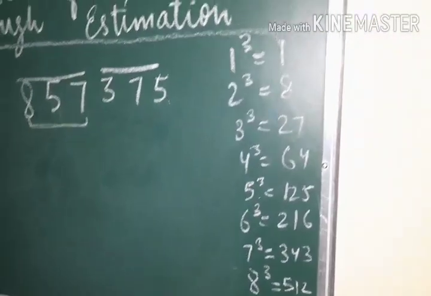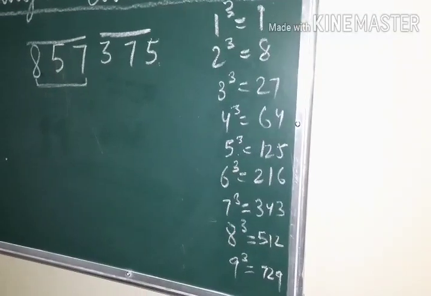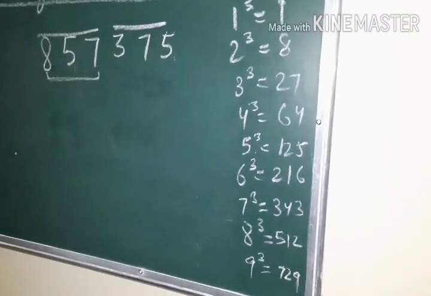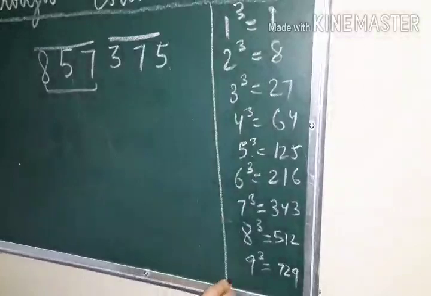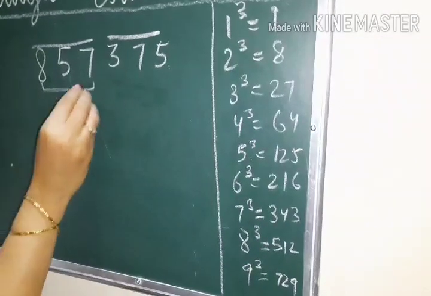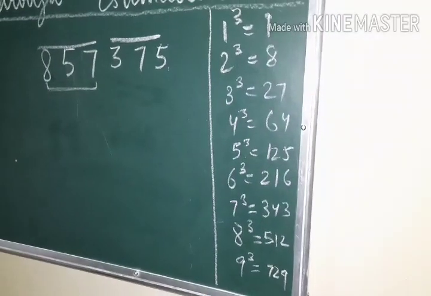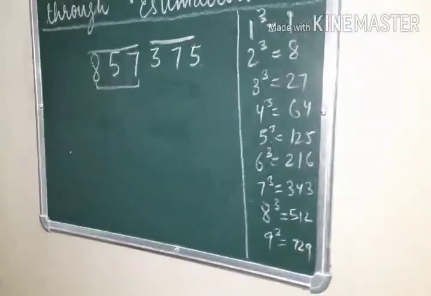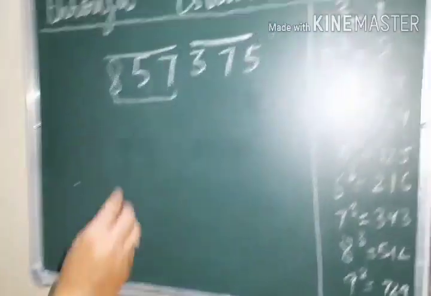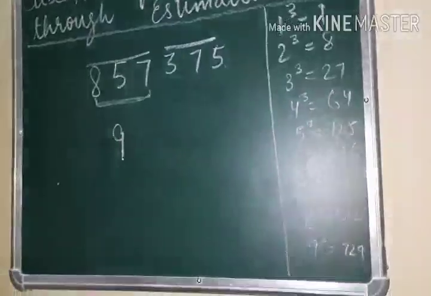As we are making groups of 3 digits only, you can get the cubes out of these 9 only. So learn these 9 cubes and see which cube is less than 857. It is just 729, and 729 is the cube of 9. So the first number will be 9.